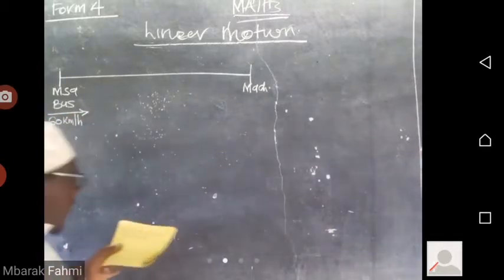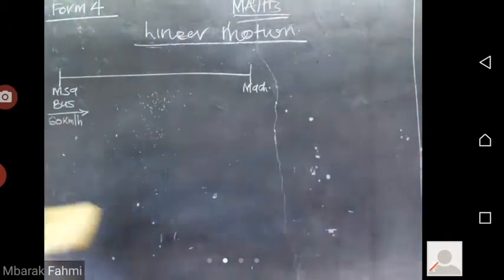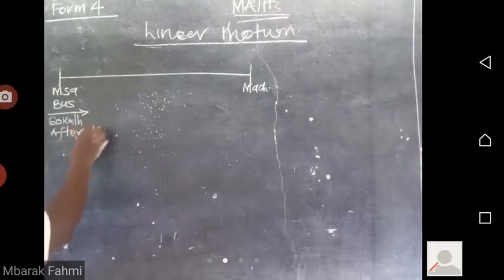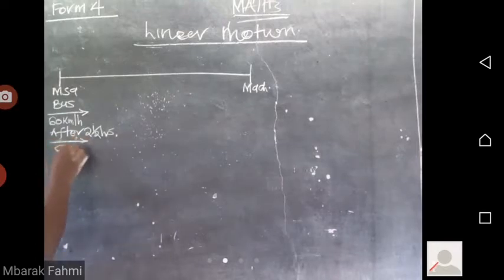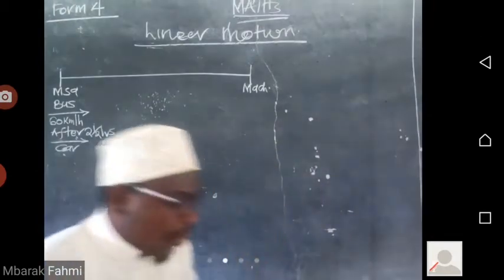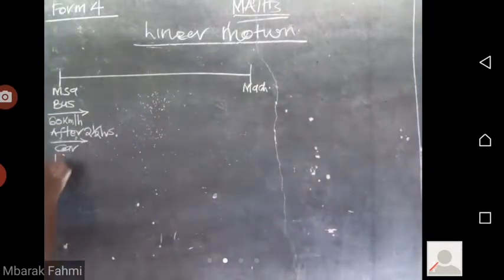After 2.5 hours, a car left Mombasa and traveled along the same road at an average speed of 100 kilometers per hour.